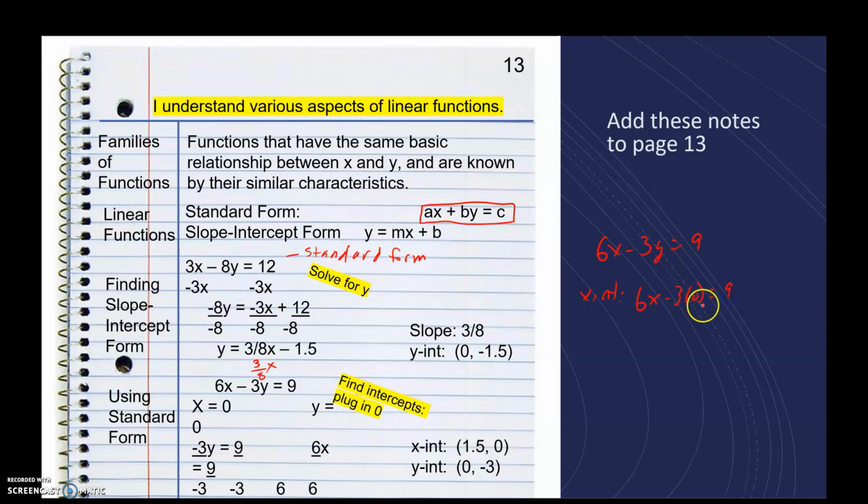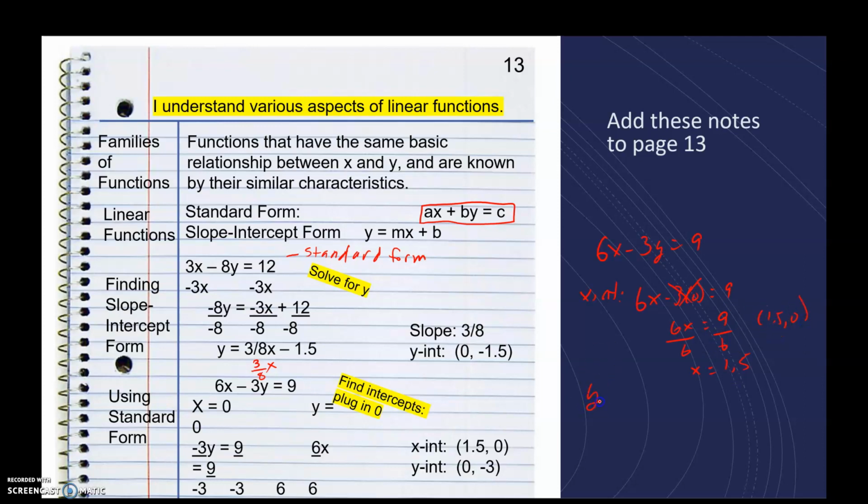If you multiply anything by 0, it's gone, so you just have this. The way I actually do this, guys, if I want the x-intercept, I just make everything with the y disappear because it's going to be a 0 in it. And this gives you 1.5. So that's the point 1.5, 0.